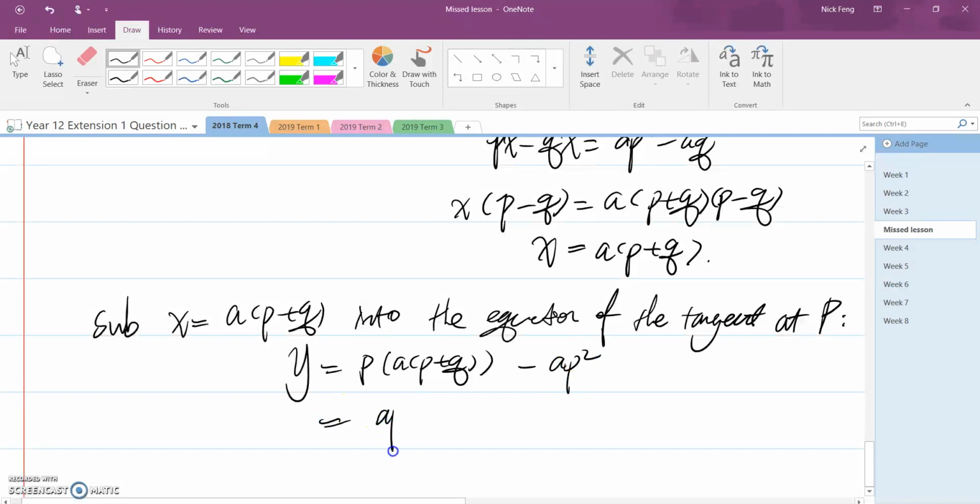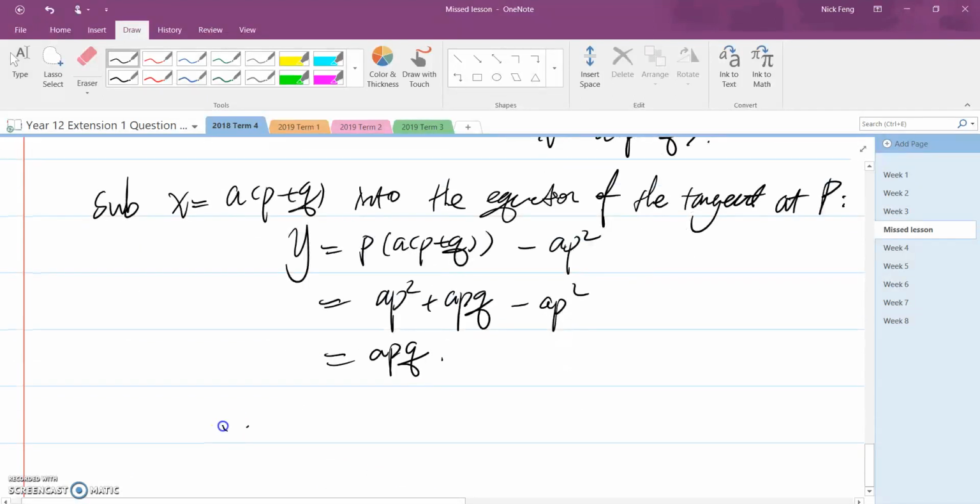That gives you ap squared plus apq minus ap squared, which is apq. Therefore, R is (a(p plus q), apq). So that is the intersection of the two tangents.